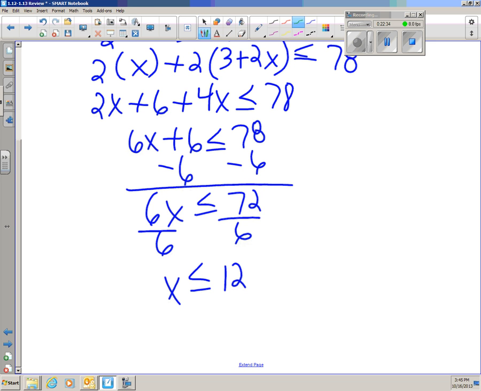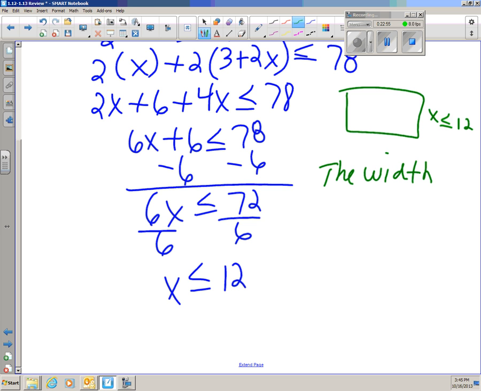Now, what does that really mean? If I deal with widths being less than or equal to 12, well, I can't have a width that's 0, but I can have a width that's 1, but I can't have a width that's negative. So the idea is, the question didn't ask for the maximum, it said what are the possible widths.